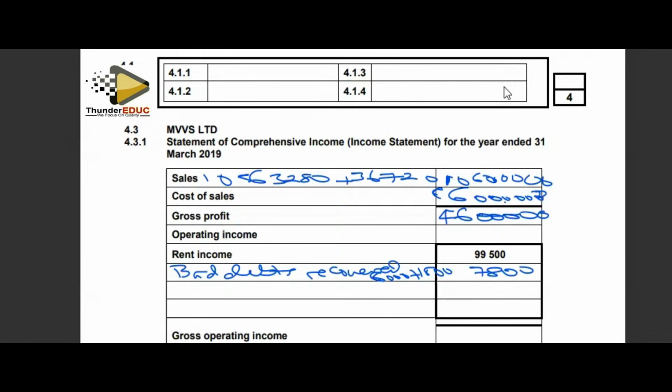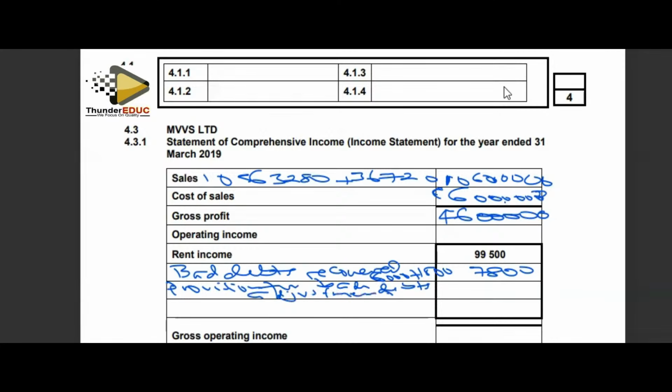If it's a decrease, that is income. If it's an increase, then that's an expense, which we write under operating expenses. So we are going to say provision for bad debts adjustment. We are interested in the adjustment.